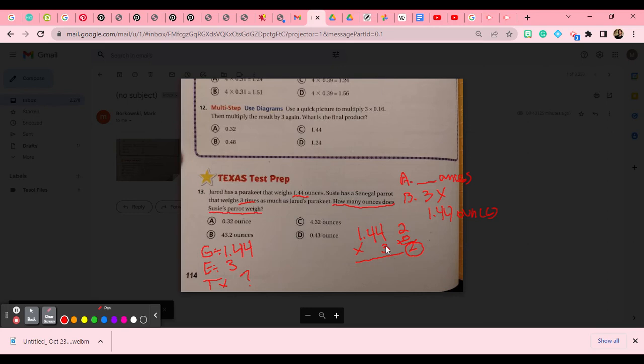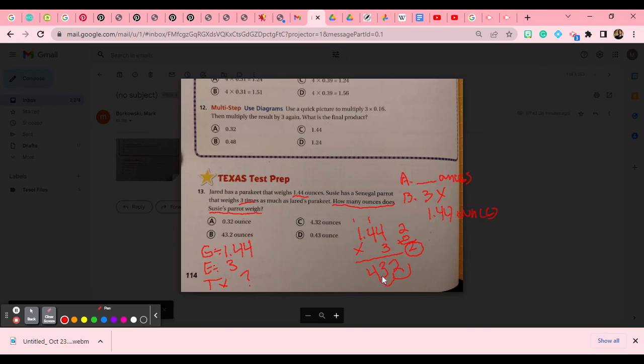Now I'm just going to do my math. 4 times 3 is 12. Carry a 1. 4 times 3 is 12 plus 1 is 13. Carry a 1. 1 times 3 is 3 plus 1 is 4. Now this is where I use my 2. I go to the end of the last number and I'm going to hop. I use the word hop because it's like 1 hop, 2 hops.